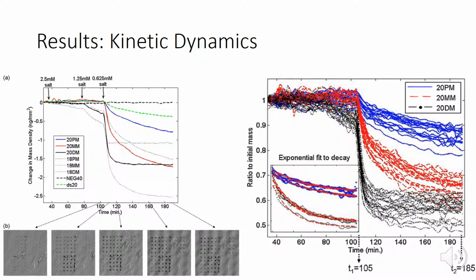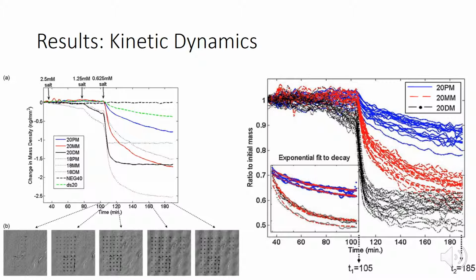The total mass density drop, however, is not indicative of the mismatches because each fragment starts with a different mass density. Thus, the figure on the right was generated to compare the decrease in mass density with respect to the initial mass for the 20 mer samples.